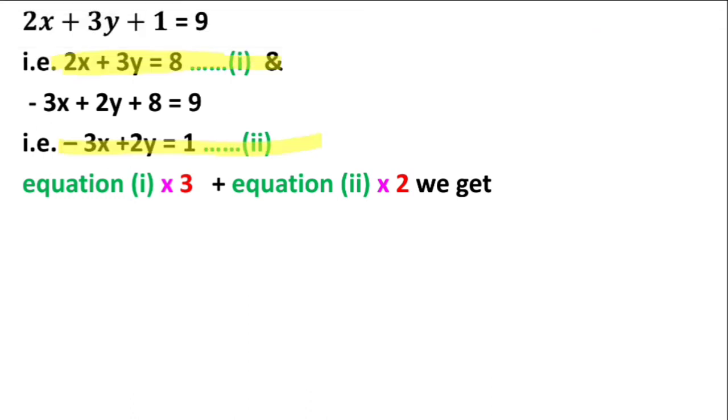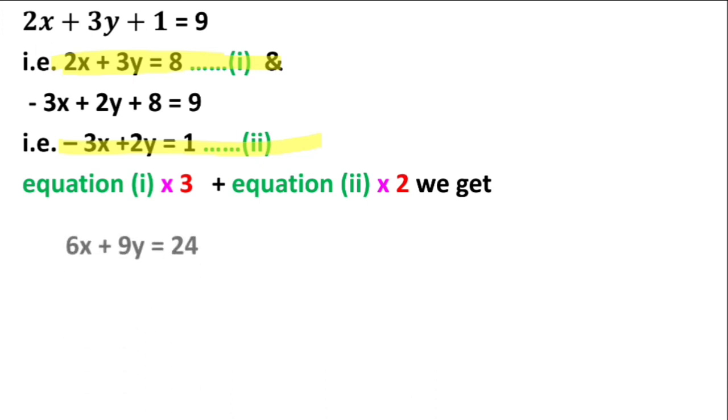So after multiplying equation 1 by 3, you will get 6x plus 9y is equal to 24, plus equation 2 multiplied by 2, that is minus 6x plus 4y is equal to 2, means plus 6x here and minus 6x get cancelled after addition.